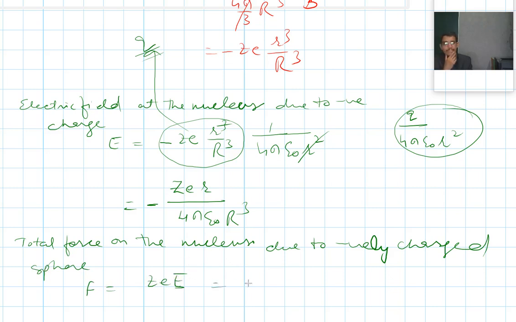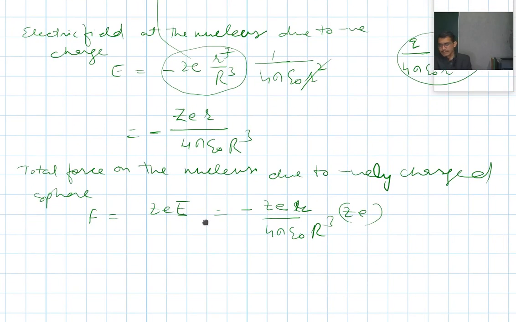So that means it is minus Ze r over 4 pi epsilon naught R cube into Ze, right?